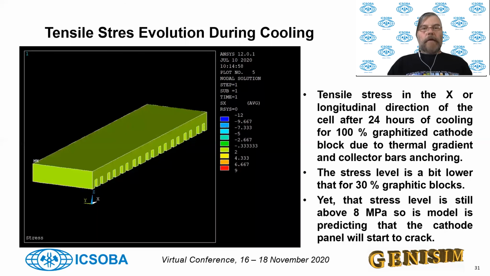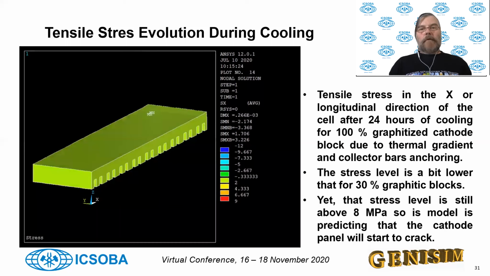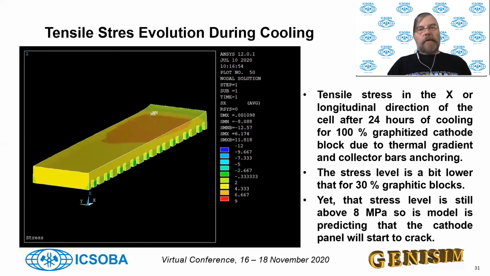So the next is the animation of the result for the 100% graphitized cathode block. They are getting to 8 megapascal later, and after 24 hours, just barely starting to reach that intensity.